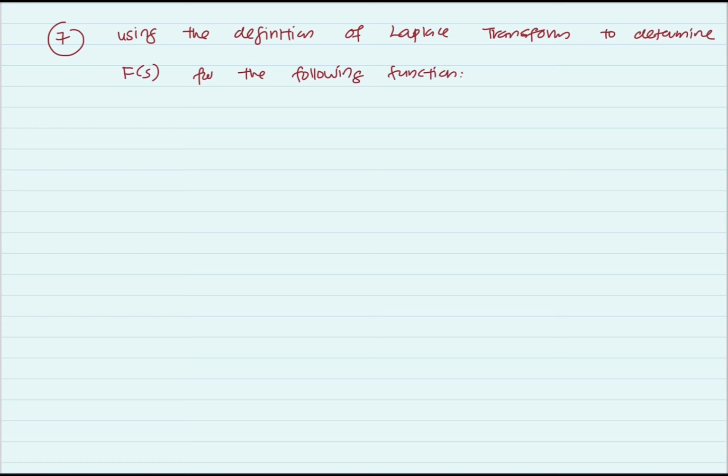For example, let's say the f(t) is, like just now with sine, maybe cos(at), or maybe the hyperbolic functions, for example sinh(at), or the f(t) is cosh(at). You can try to solve using the definition of the Laplace transform. So this is question 4.